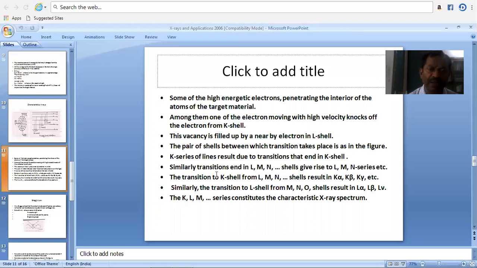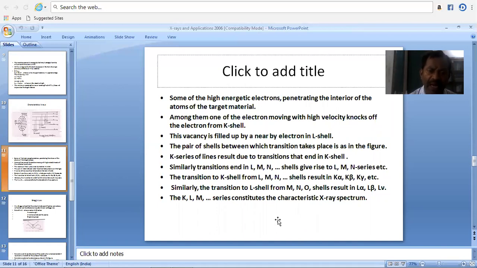Similarly, transitions that end in L, M, N, and so on shells give rise to L, M, N series, etc. The transitions to the K shell from L, M, N, and so on shells result in K alpha, K beta, K gamma, etc. Similarly, the transitions to the L shell from M, N, O shells result in L alpha, L beta, L gamma.